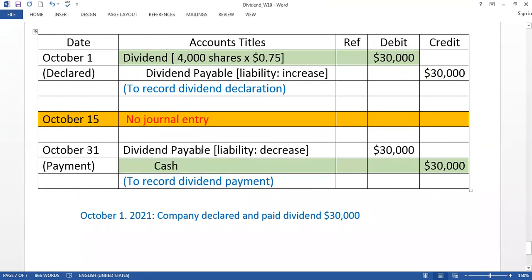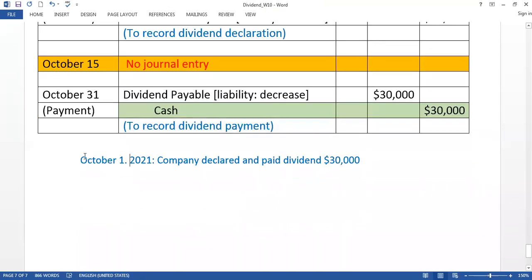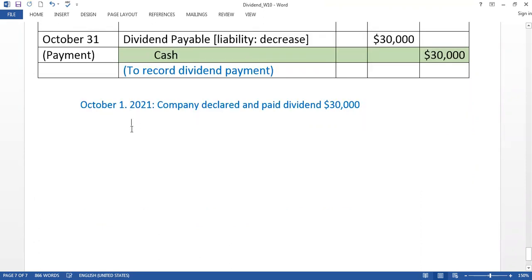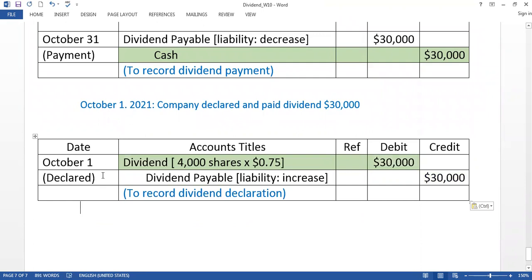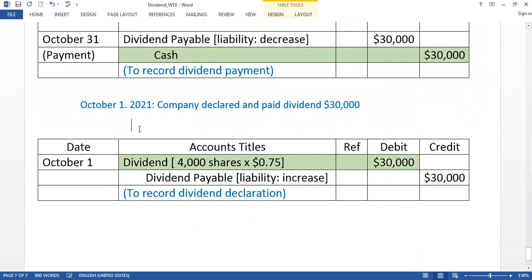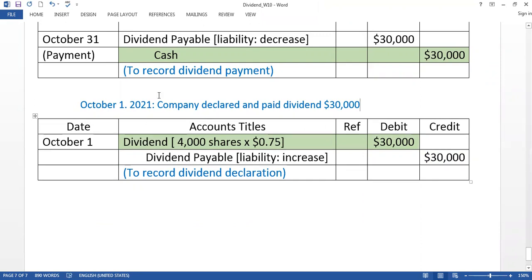So you record declaration one day and you record payment on another day, right? But here I combine these two. On October 1st, the company declared and paid dividend.